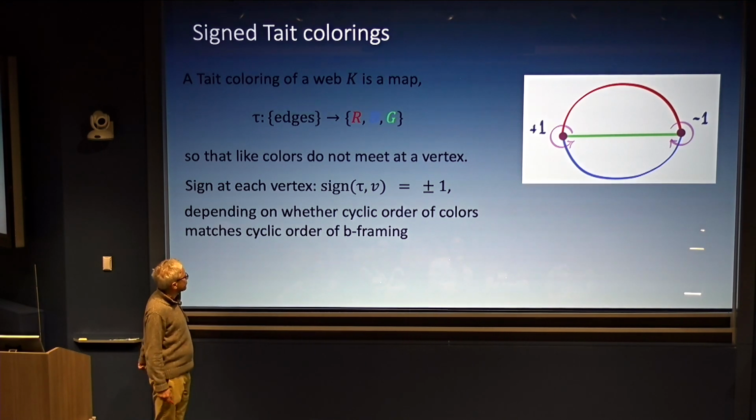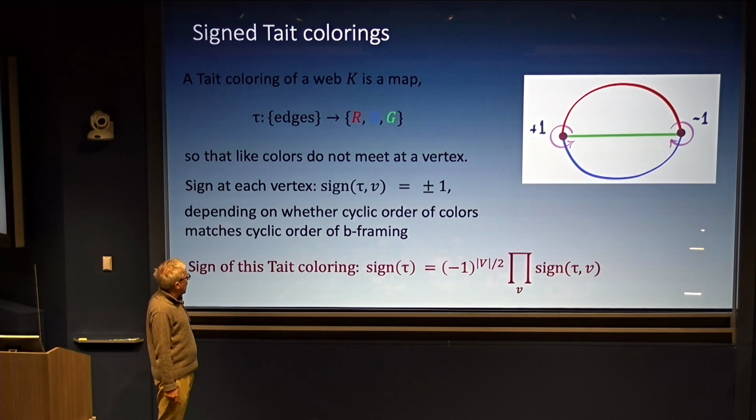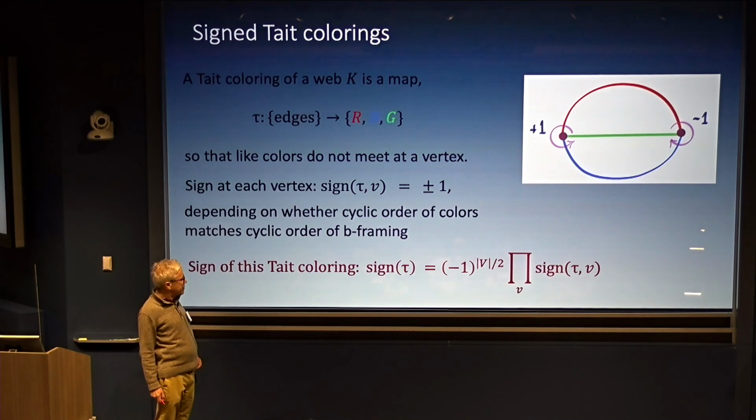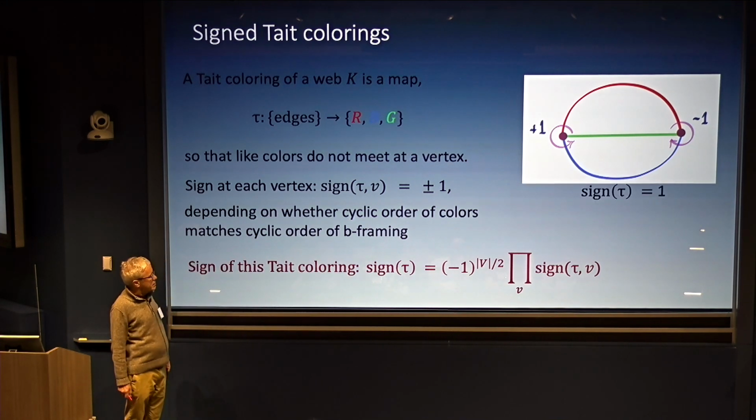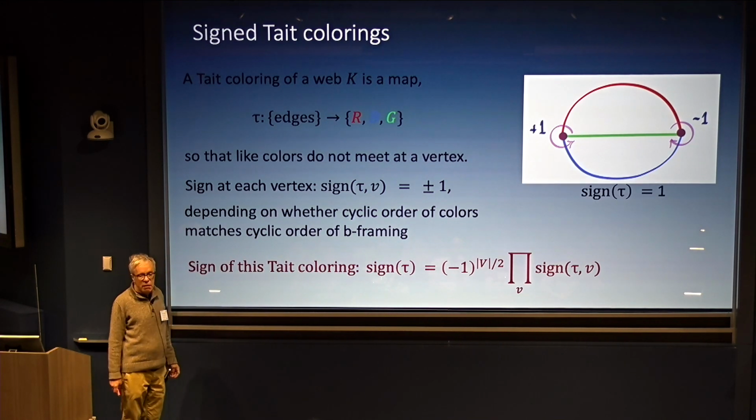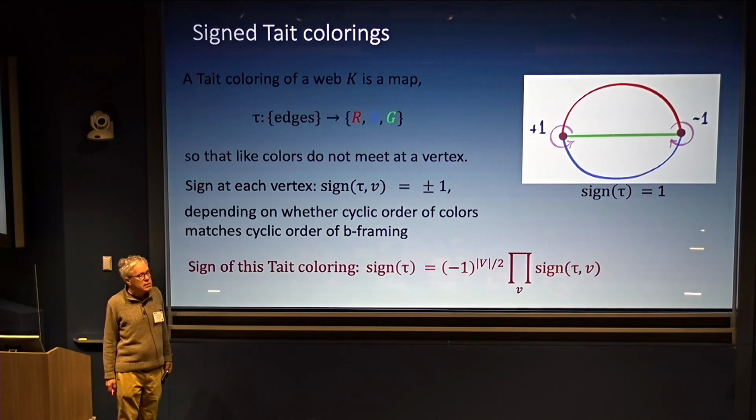And if I take the product over all the vertices, I've got something which is a sign attached to the Tait coloring itself, tau. There's a -1 to the half number of vertices over 2 there. That's there because I want the sign of that Tait coloring to come out to be 1, which it does.